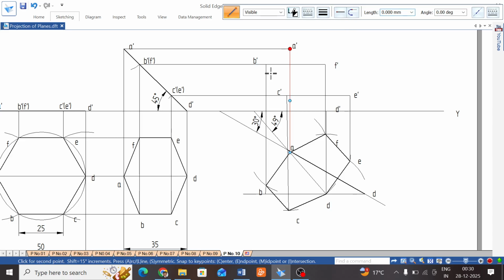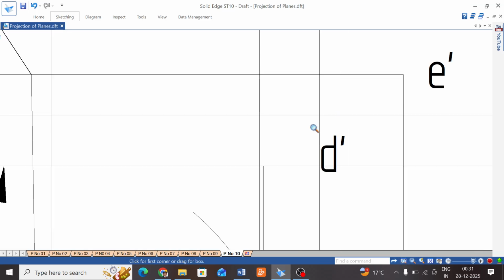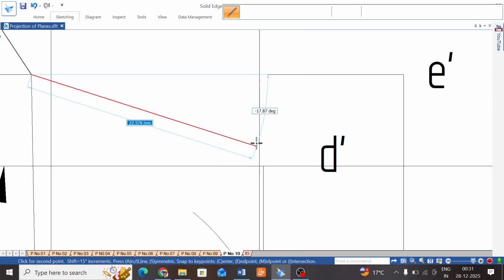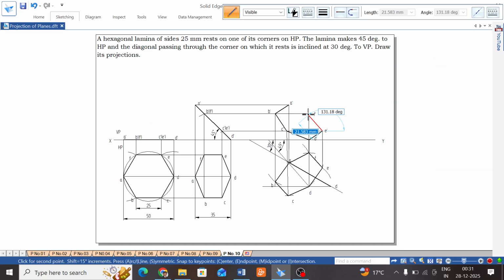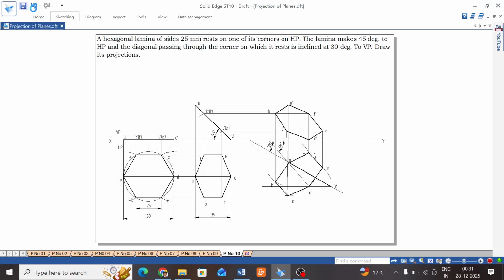Start with A to B, B to C, C to D, D to E, then again E to F, then A. A completes your hexagonal lamina beta method problem.